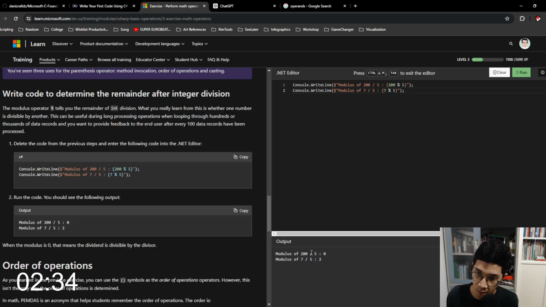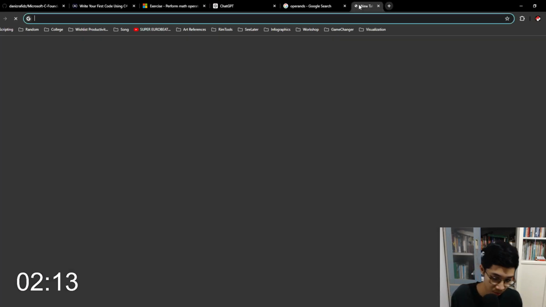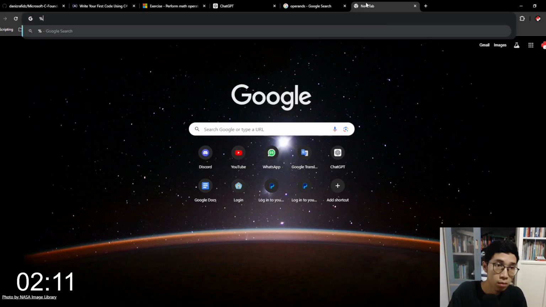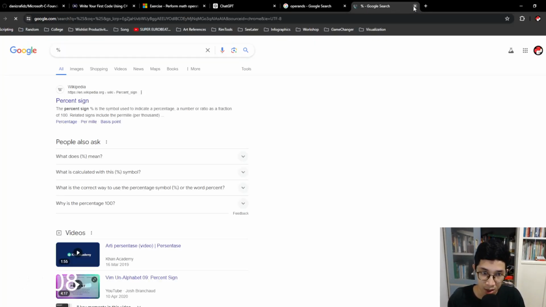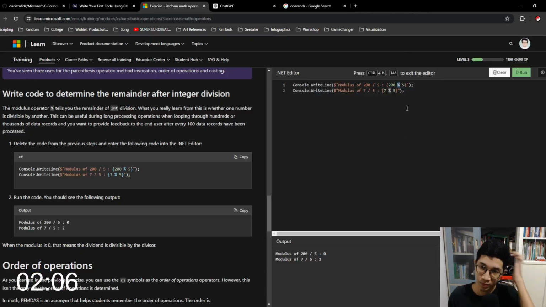200 divided by 5 equals 0. If it's a division, it will result in 40. It will result in 0 because this is modulus, and the operator symbol is, what is this called? Percent sign. Yes, percent sign. Modulus uses the percent sign as its symbol.